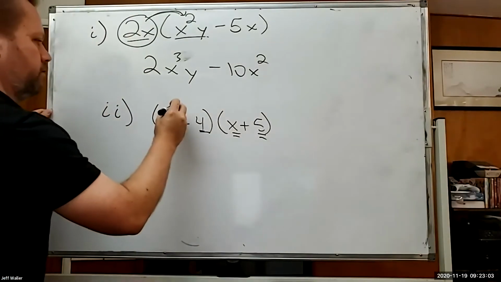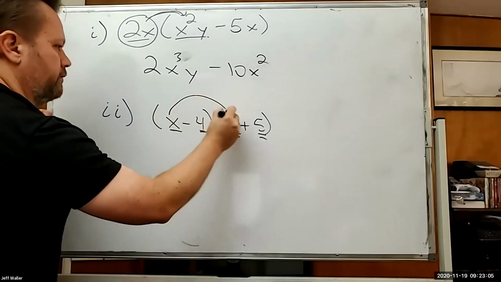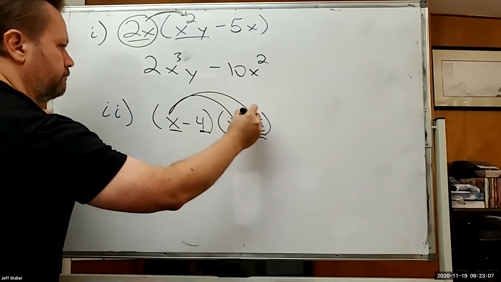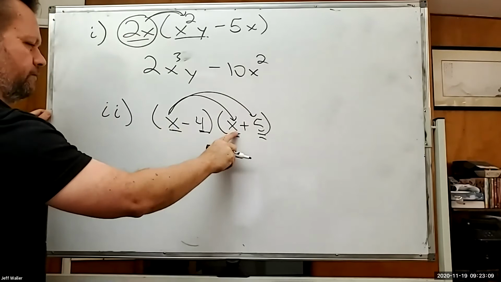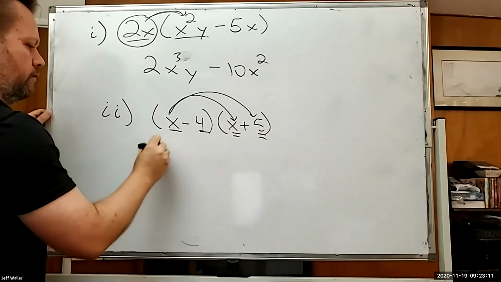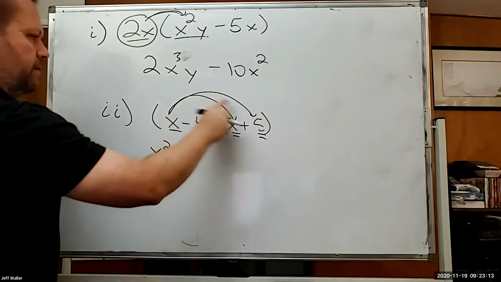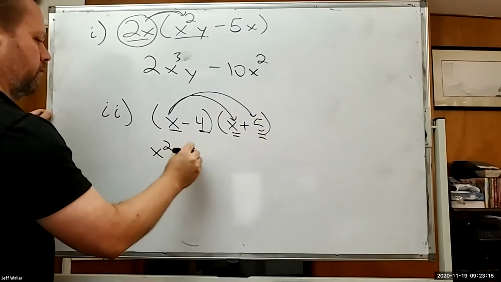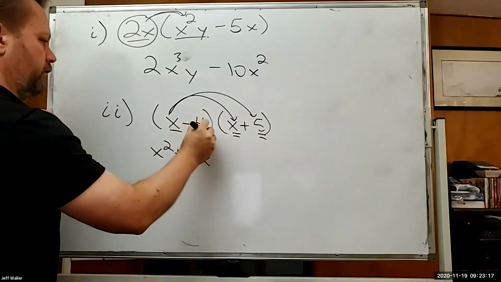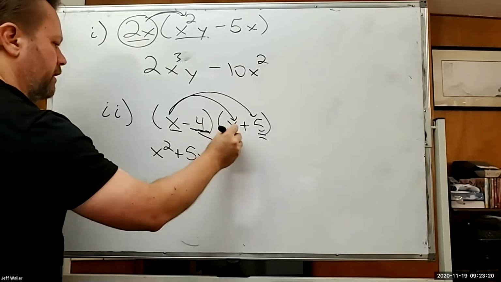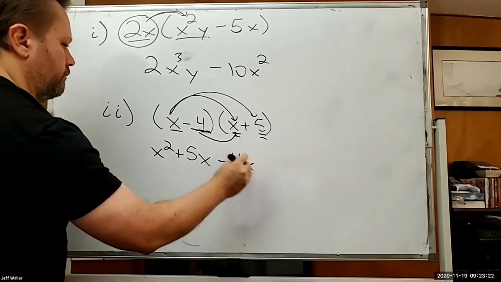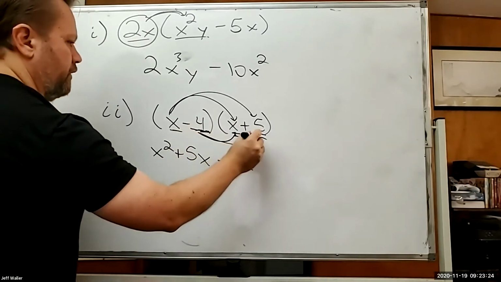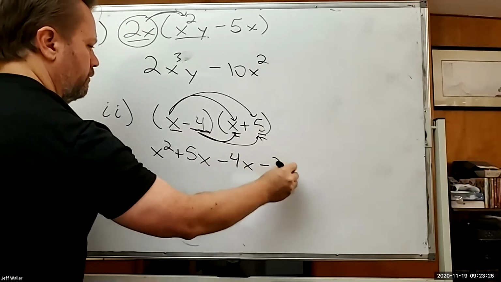I just need to do X distributes. Just distribute the X, right? What's X times X? X squared. And then X times 5, 5x. And then you distribute the -4. -4 times X, -4x. And then -4 times 5, 20, minus 20.